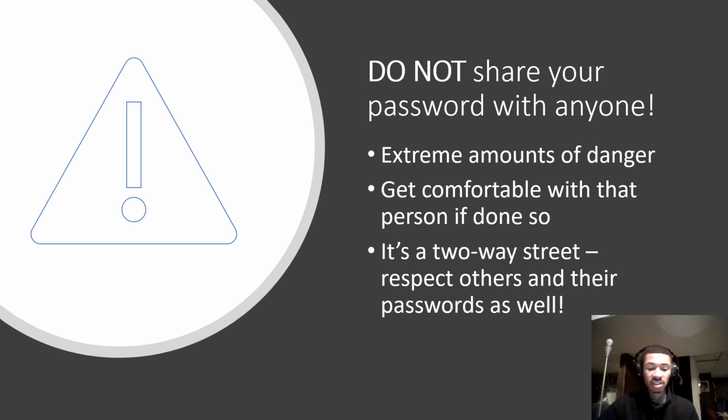It's a two-way street. So respect their passwords as they would respect yours. Don't tell anybody their password. Don't be like, hey, did you know that this, that, and that? We want to be trusting of the people that trust us. So respect others with passwords.